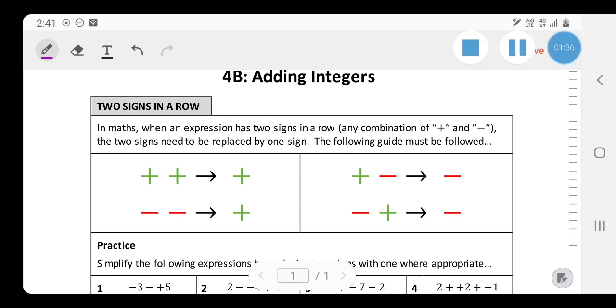Now, one funny way that some people like to remember this is if you consider a plus sign, a positive, to be a friend, makes sense, doesn't it? Positive friends are positive things, and a negative sign to be an enemy, because I guess enemies are negative things. Hopefully we don't have too many enemies, but then you can think of it like this. A friend of a friend is always going to be a friend.